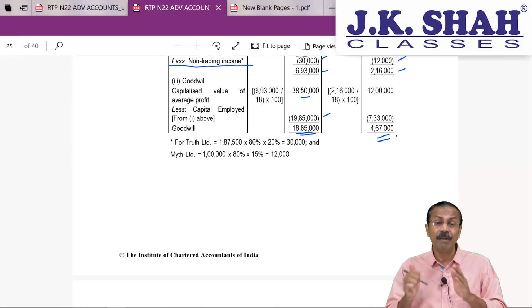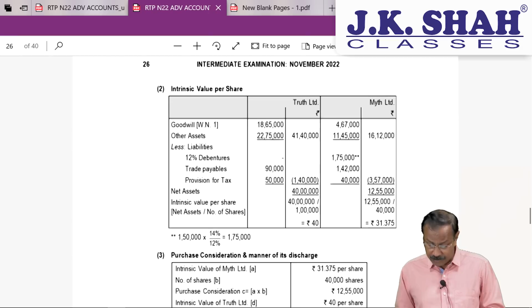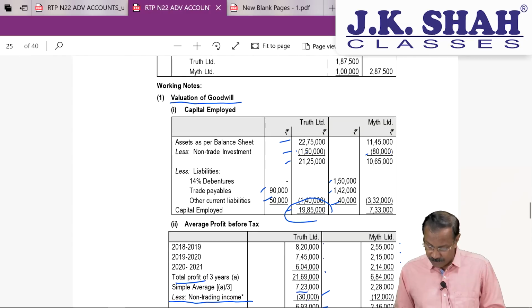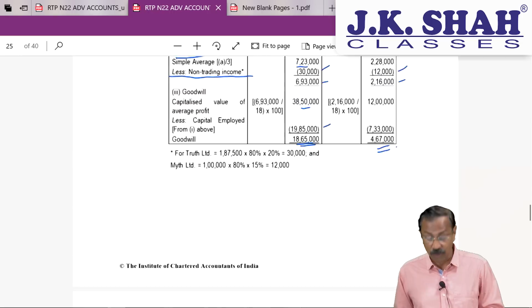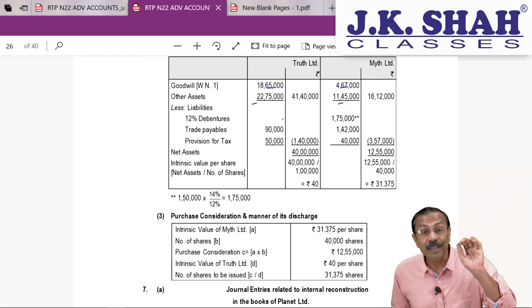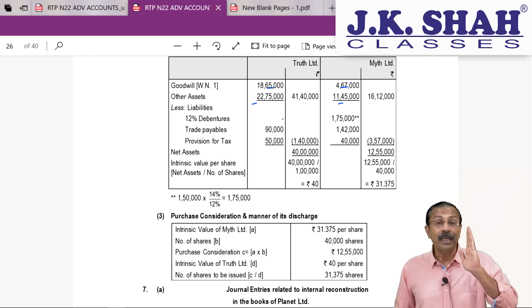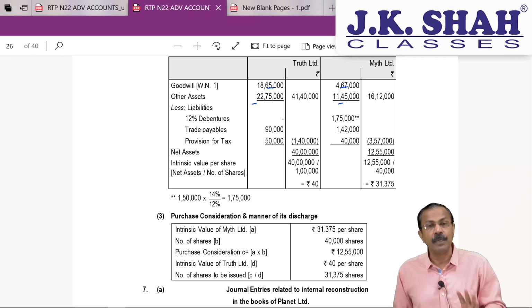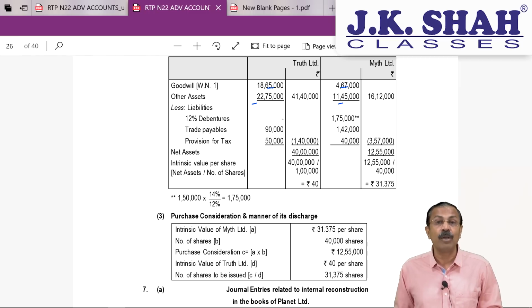Once you have the goodwill value, now you can find out the intrinsic value. Goodwill, other assets 2275 and 1145. While calculating intrinsic value, you have to consider even the investments. Intrinsic value is if the company closes down tomorrow, how much will the shareholders receive per share? So all assets and all liabilities should be considered while calculating your intrinsic value.